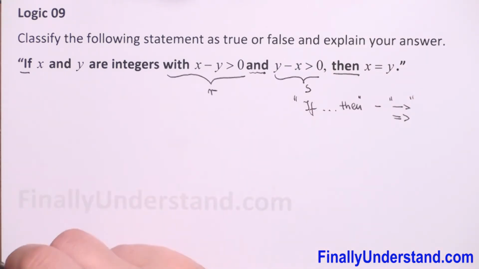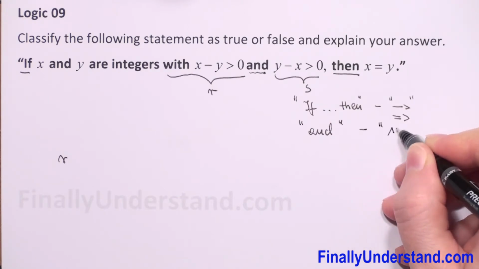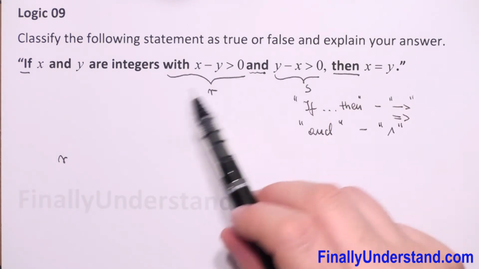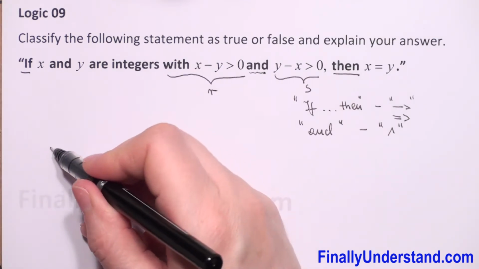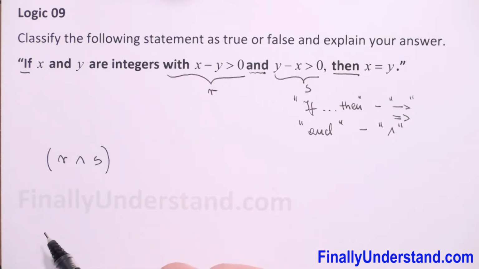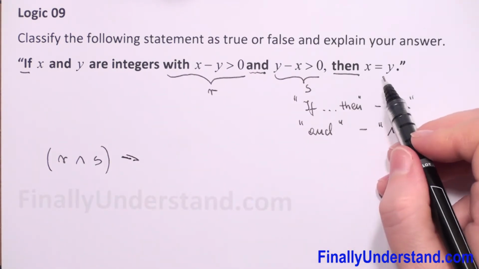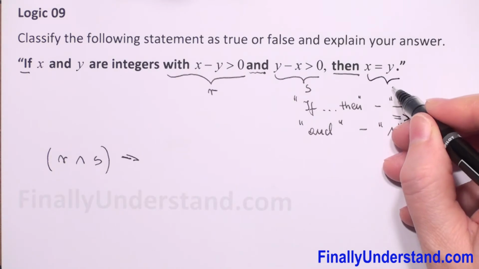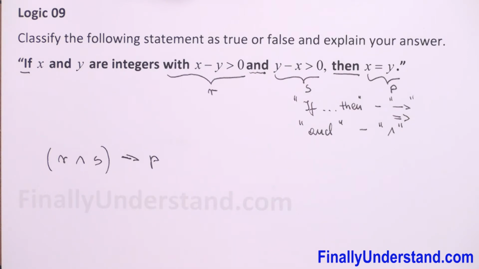So we have r and s, where for "and" we use the conjunction symbol. We have to put this in parentheses because we have a comma, so we keep these two sentences together. And then x equals y is our, for example, p. So now we have an implication here.